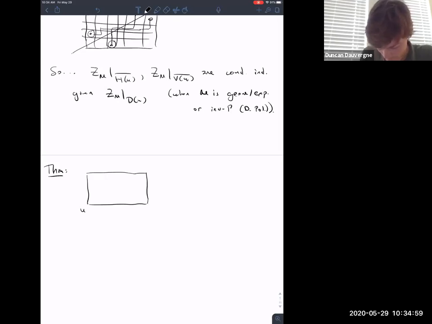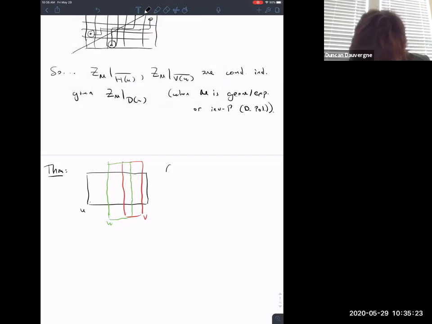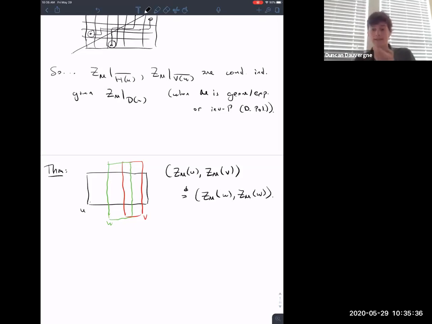So I'll have U, W and V in red. And the theorem we can now show is that Zm of U, Zm of V is equal in distribution to Zm of U, Zm of W.